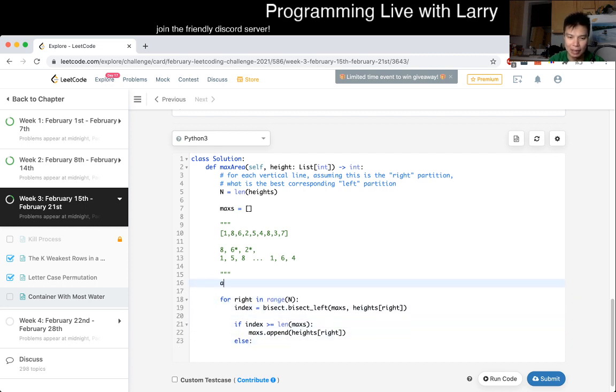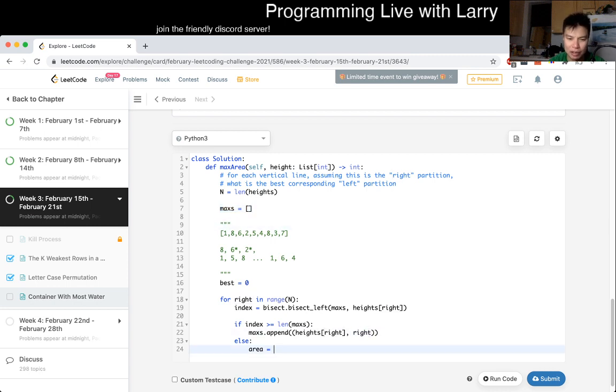So best area is equal to 0. Otherwise, area is equal to, as we said, the... Man, I am missing a lot of things here. We actually want to also append the index of the thing that we're adding. So we only add things to the maxes if it is the biggest number, and then we add the index of that number.